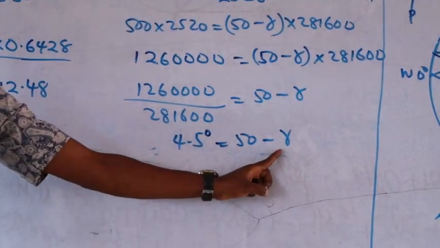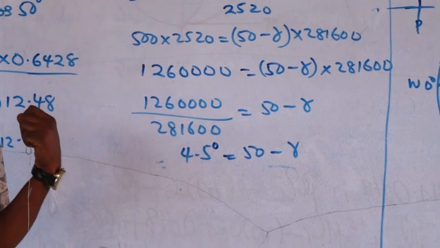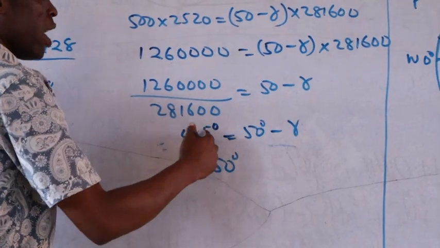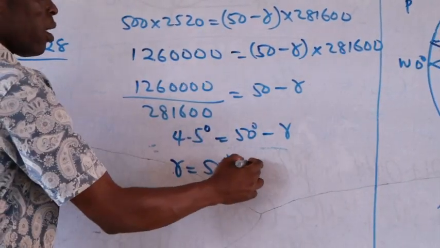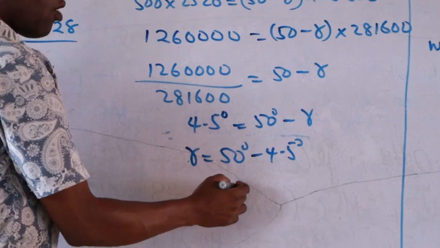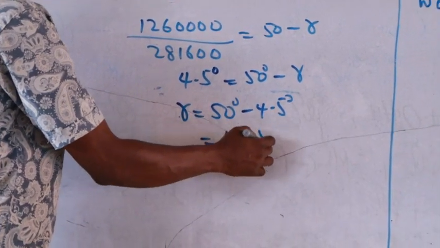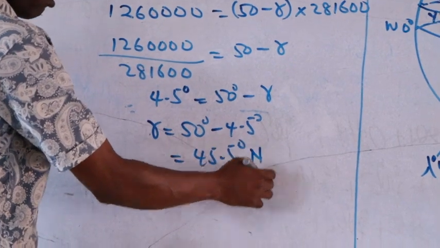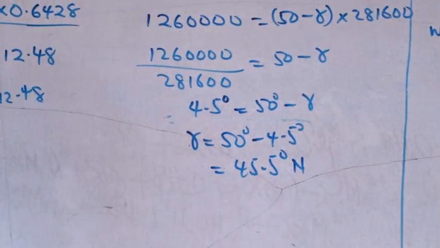Now gamma is negative here. You can bring it in and get positive gamma. Gamma is equals to 50 minus 4.5 degree. And what do we have? 45.5 degree, but you must put north. Is that taken?